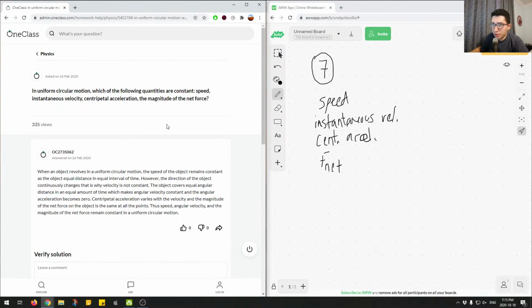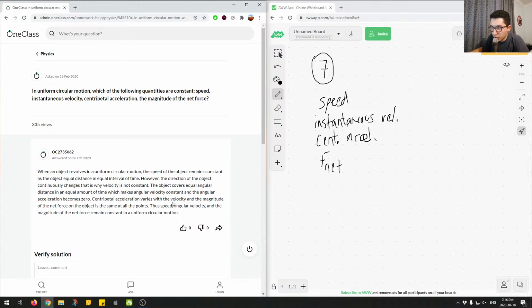So let's look at what the junior tutor answered here. When an object revolves in a uniform circular motion, the speed of the object remains constant as the object covers equal distance in equal intervals of time. However, the direction of the object continuously changes. That is why the velocity is not constant. The object covers equal angular distance in equal amount of time, which makes angular velocity constant, and the angular acceleration becomes 0.